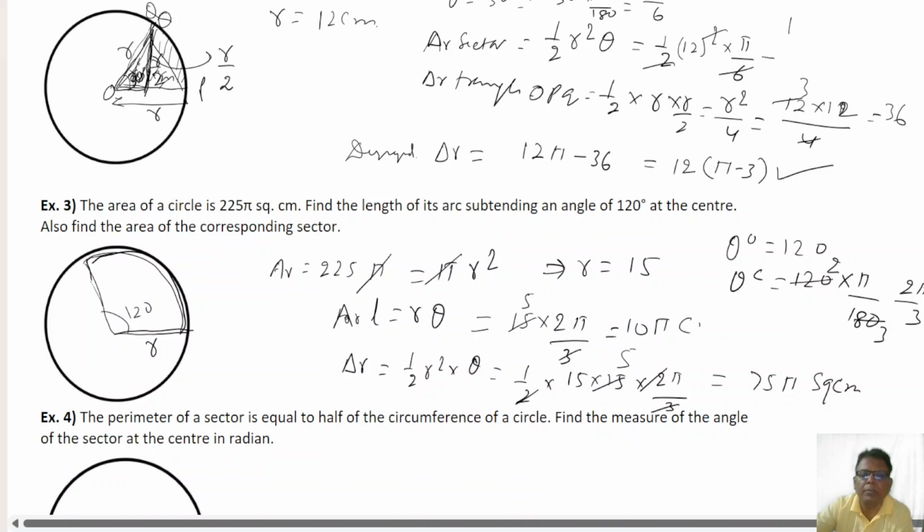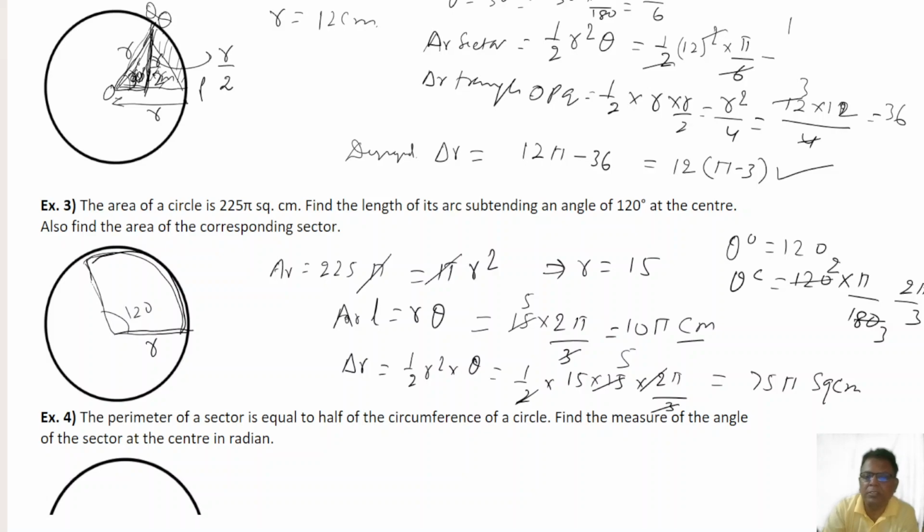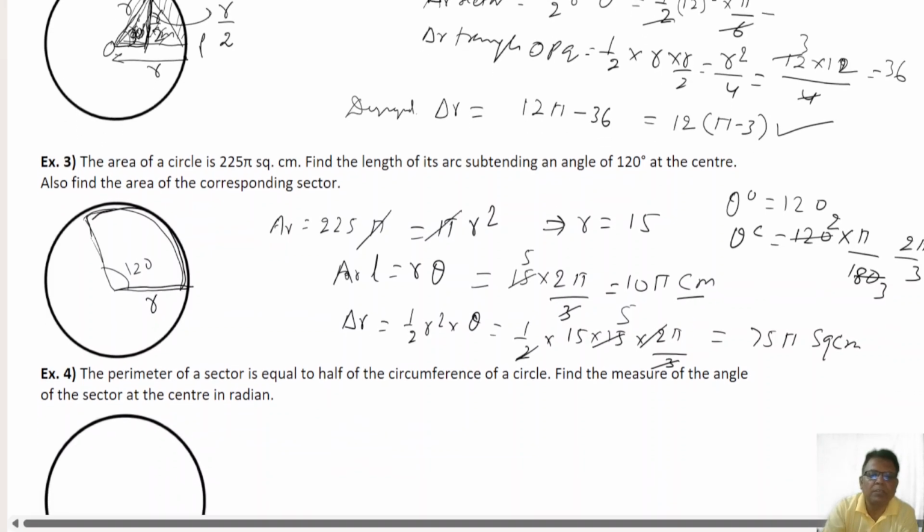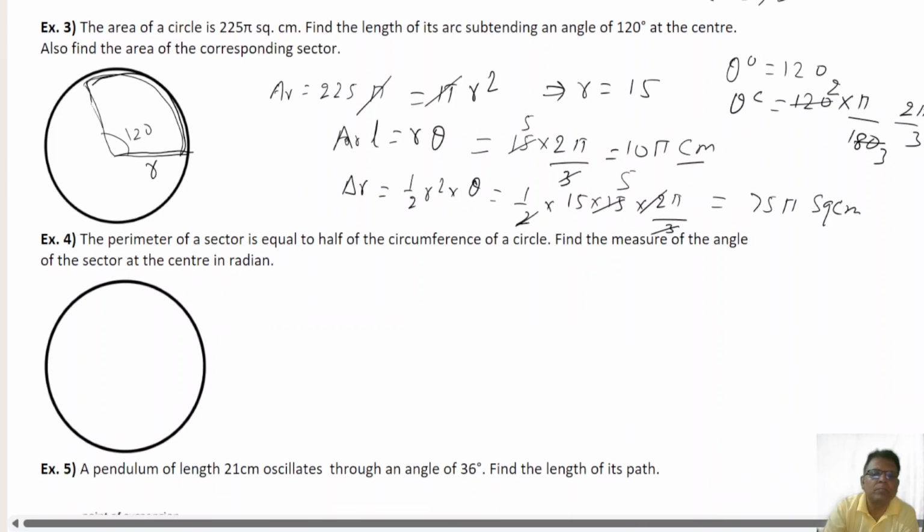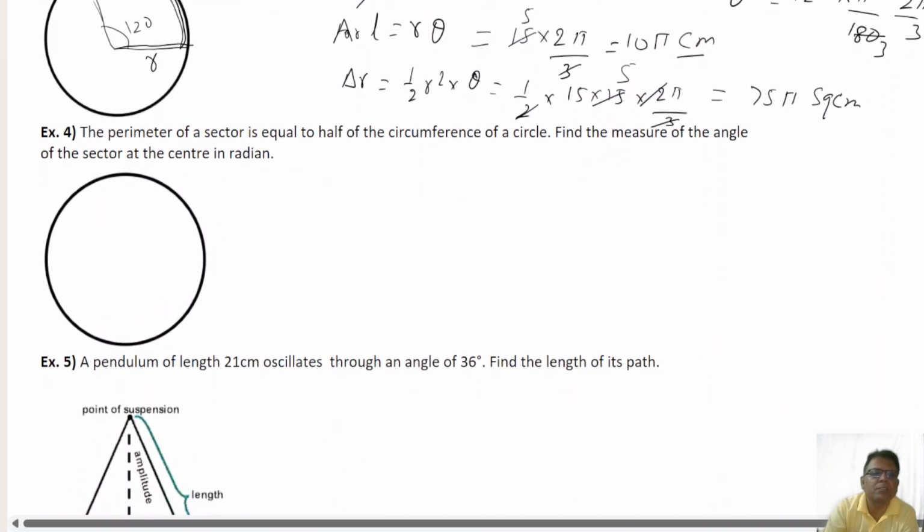Here it is centimeter. Unit is very important. If you don't write the unit, marks will be deducted by your teachers in the exam. So you must write the unit.